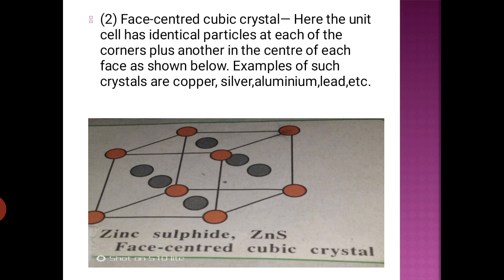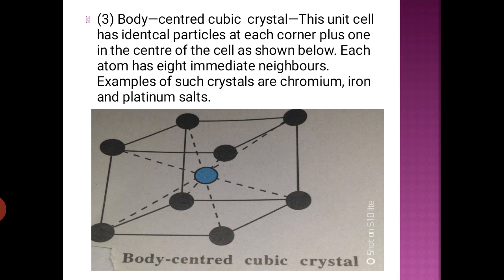Examples of such crystals are copper, silver, aluminium, lead, etc. You can look at that diagram there, face-centered cubic crystal. Example is zinc sulfide. It's very clear there.